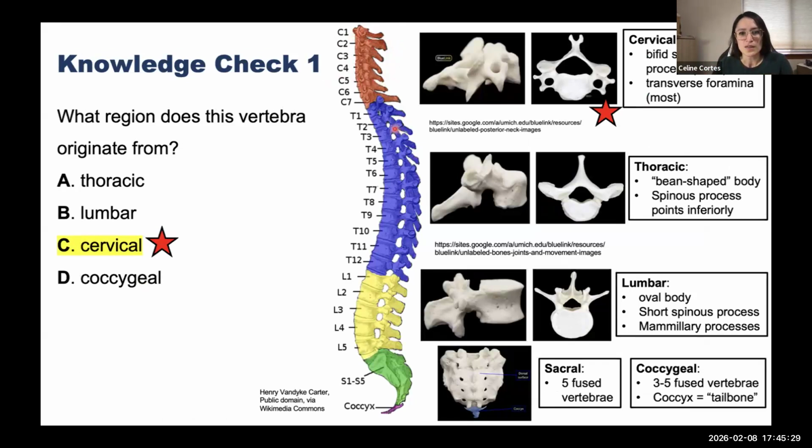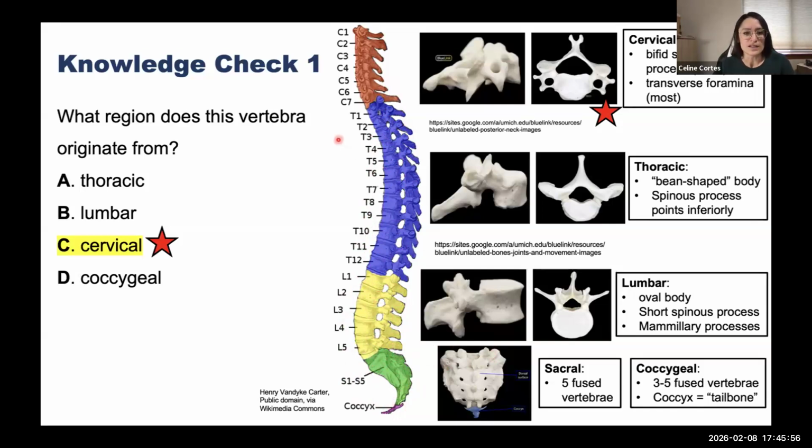So that's more superior. Then we've got a thoracic region, really corresponding with where ribs are attaching, right? So the thorax. Lumbar region, we associate that with the back and kind of that lower back, right? And then we've got our sacral region, so more pelvic area, right? And then coccyx down here.